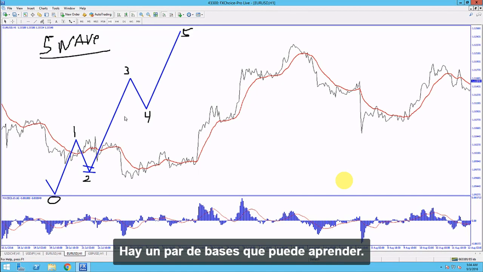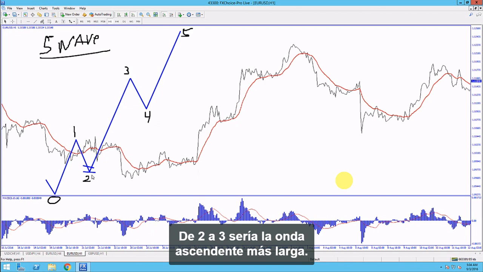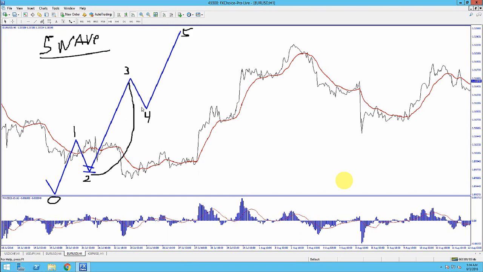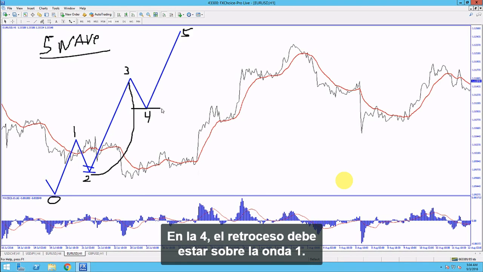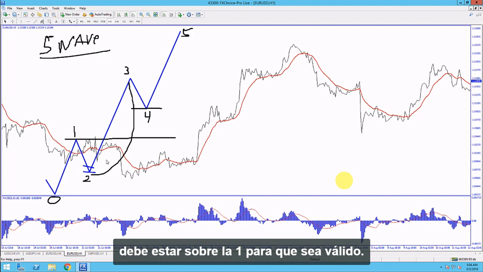And a couple of principles you want to learn from this, and again, this is basic, we're not going to get so deep into it, is that wave 2 to wave 3 would be the largest wave up. Wave 4, the retracement down must stay above wave 1. So when this market comes down, it must stay above wave 1 to stay valid, and this would be a large wave up.